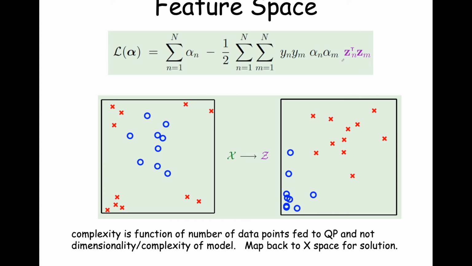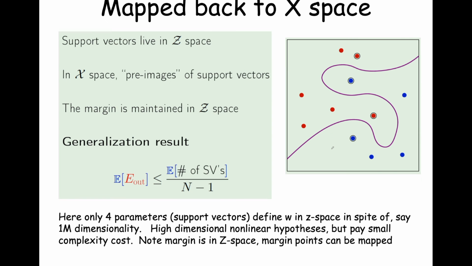And so this idea of drawing a nonlinear decision boundary using support vector machines is quite interesting. We can draw a highly nonlinear decision boundary in feature space, but only pay the cost of a small collection of support vectors in terms of the VC dimension. In Z space, we know that the hypothesis, and therefore the support vectors in the nonlinear phi function case, live in Z space.